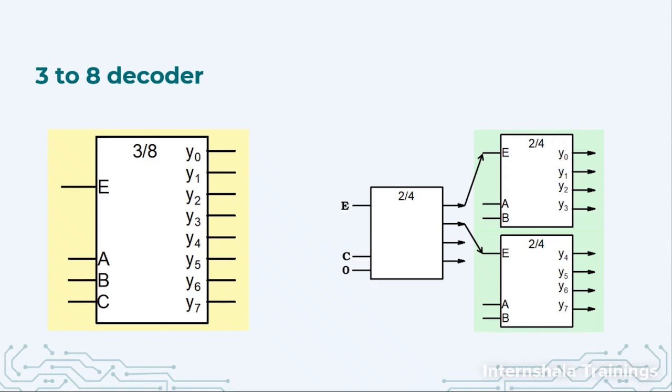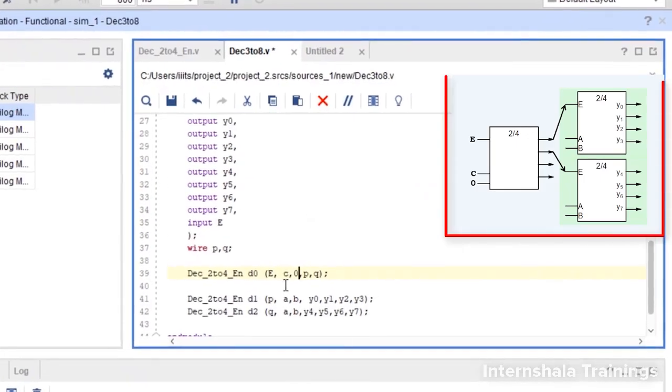Okay. And then Y0 is connected to one wire which I will call P. Y1 is connected to another wire, we can call it Q. Y2 and Y3 are not connected at all. So here also Y0 I connect with P, Y1 I connect with Q, and I don't mention anything for Y2 and Y3.